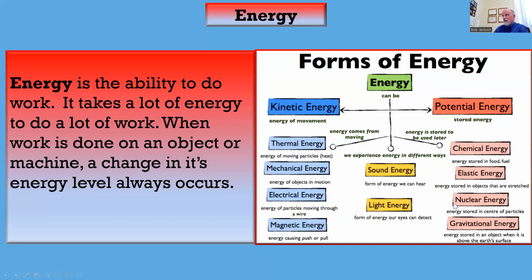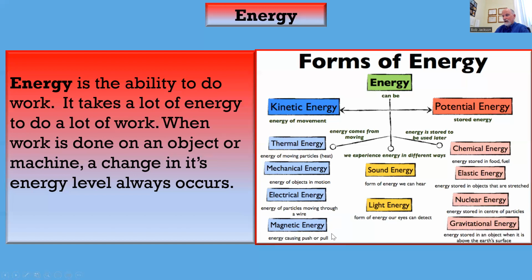Nuclear is like a nuclear power plant or a nuclear sub. And then you've got kinetic energy, which can be anything from heat energy to mechanical energy, like the running of a machine. Electrical energy by far is our most common energy that we talk about every day, and that's what I want you to know about for the rest of this unit: electrical energy and how we use it.